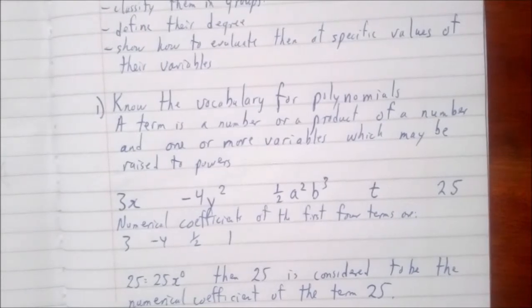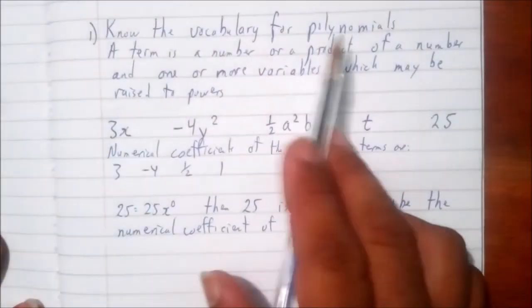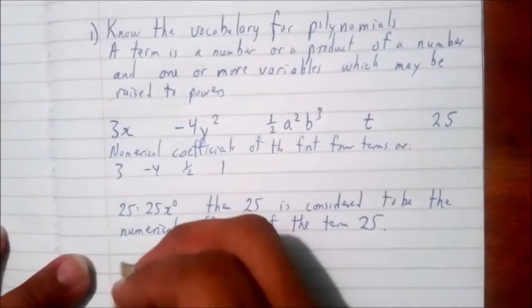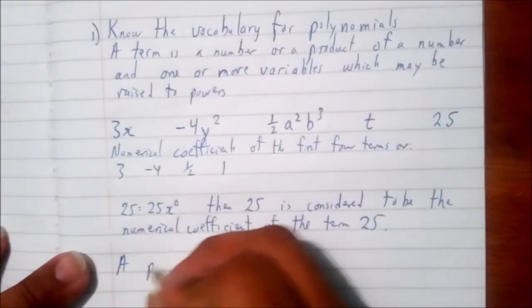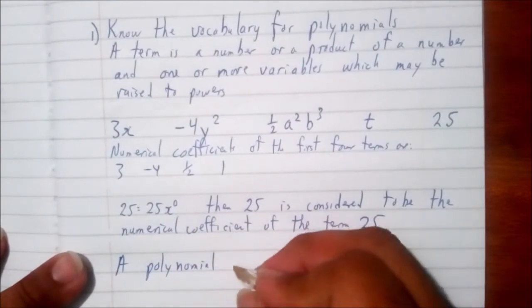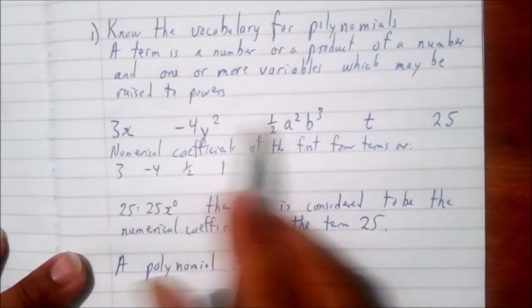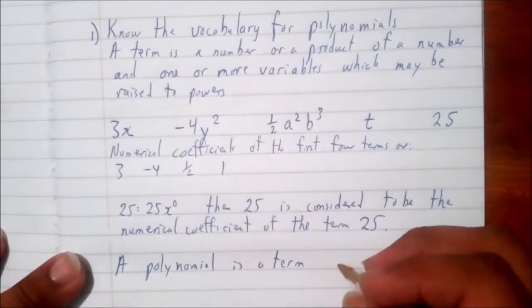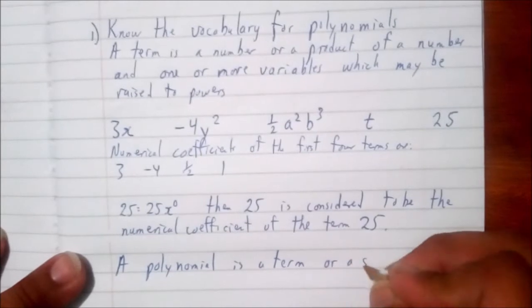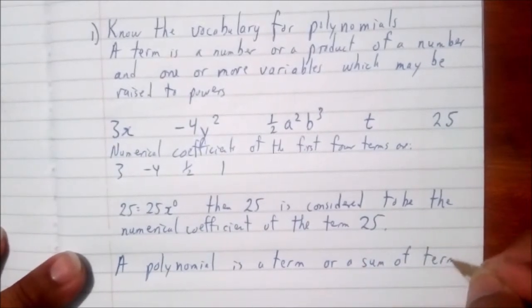So in short, this is the definition for a polynomial. A polynomial is a term, just as this one here is a term, or a sum of terms, as you will see in a little while.